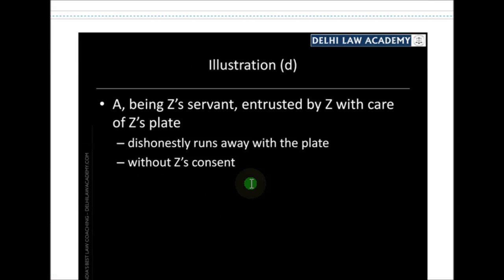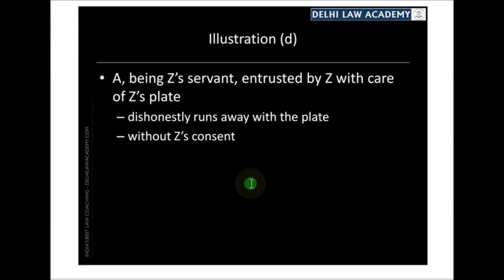Next illustration is this: A, being Z's servant, entrusted by Z with care of Z's plate, dishonestly runs away with the plate without Z's consent. Now, in this case, whether the action of A running away with the plate amounts to theft or not, the answer will depend whether A took the plate out of the possession of Z without Z's consent.